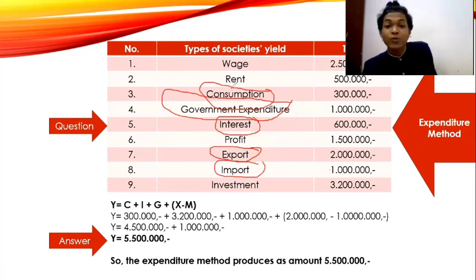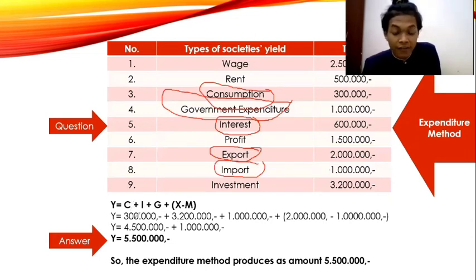So Danny, the wage, rent, profit are excluded in this expenditure method. Do you get it? Okay, that's nice. So we can calculate right now. Consumptions plus I plus G plus export minus import.